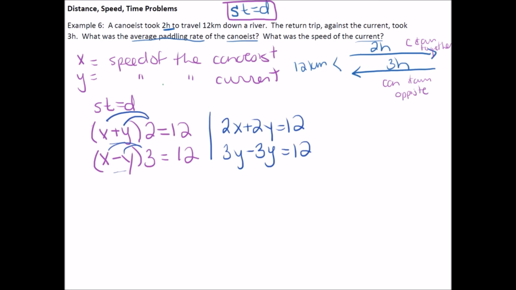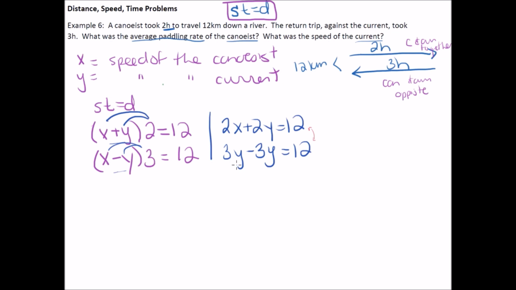For this one, we have x and y, so we have the two variables, and we have the two equations. I want to point this out: the 12 and the 12, it doesn't matter if we're able to cancel those out. We always want to cancel out either an x or a y.